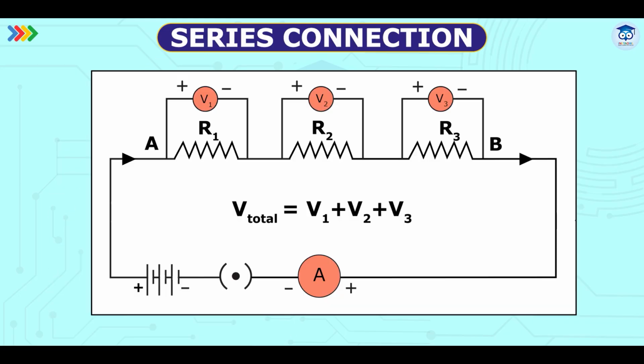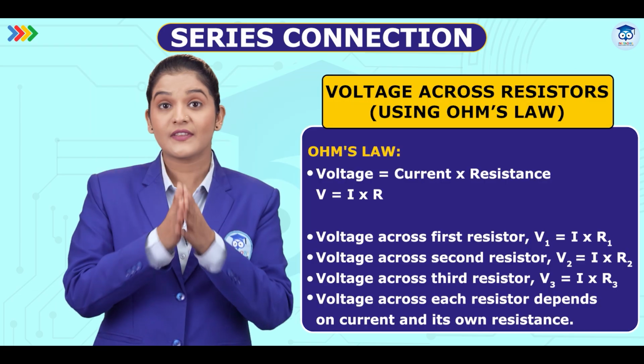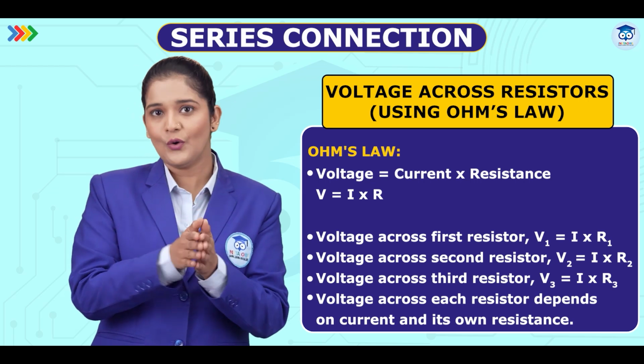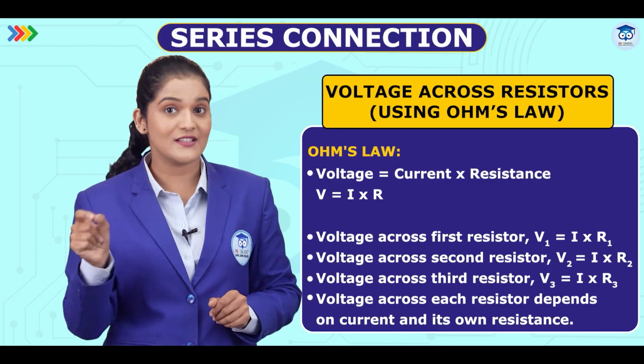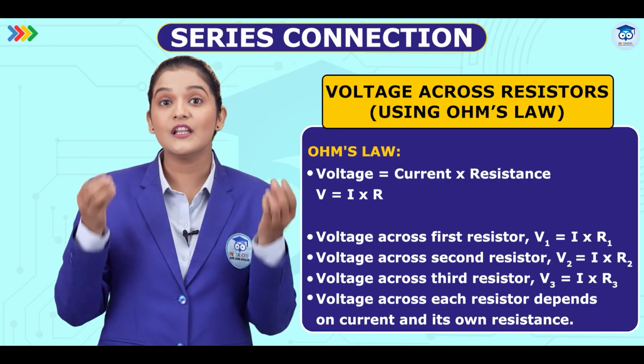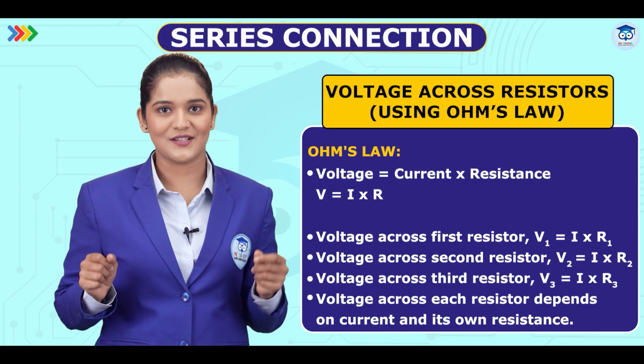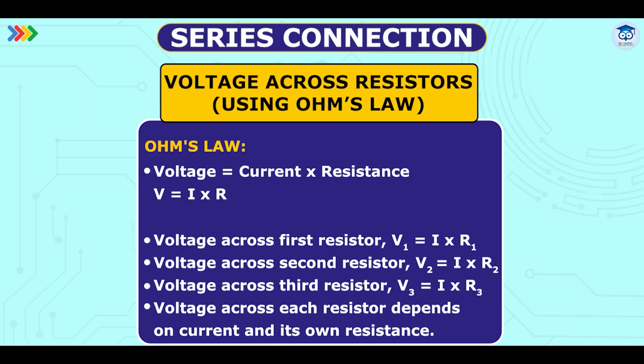Mathematically, we can write this as V total equals V1 plus V2 plus V3. Now using Ohm's law, which states that voltage equals current multiplied by resistance, we can determine the voltage across each resistor. For the first resistor, the voltage V1 is equal to the current I multiplied by the resistance R1.